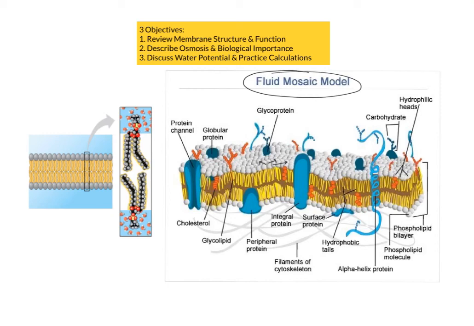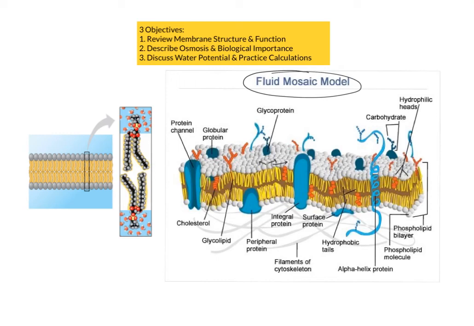The second thing that this model summarizes is that it's a mosaic, right? There are multiple different components, the primary being these molecules called phospholipids, which we know are referred to as amphipathic, right? Amphipathic meaning that there are hydrophobic and hydrophilic portions of the molecule. That's the primary component.